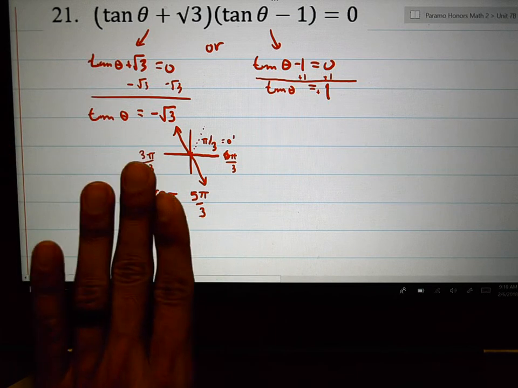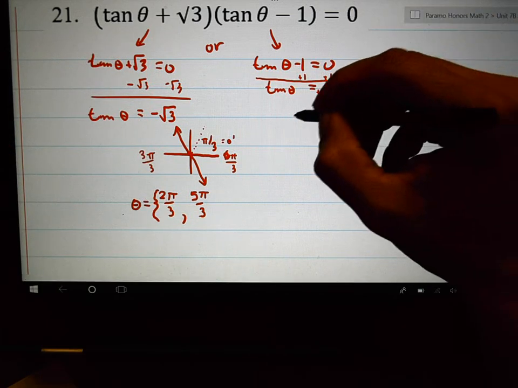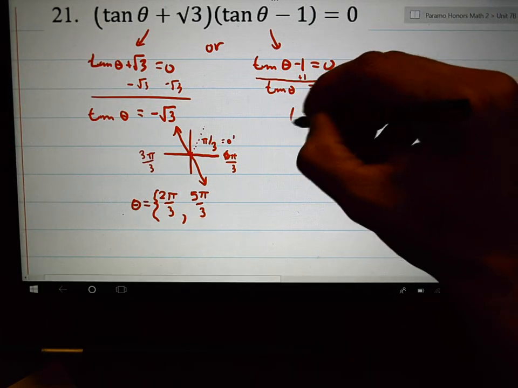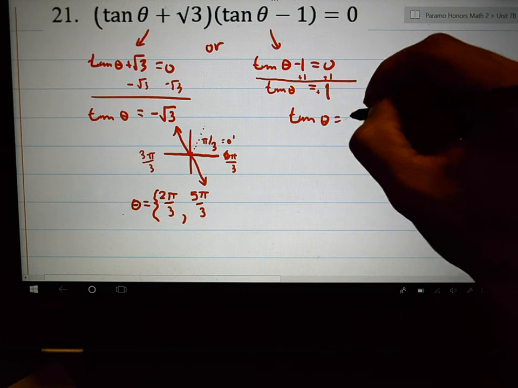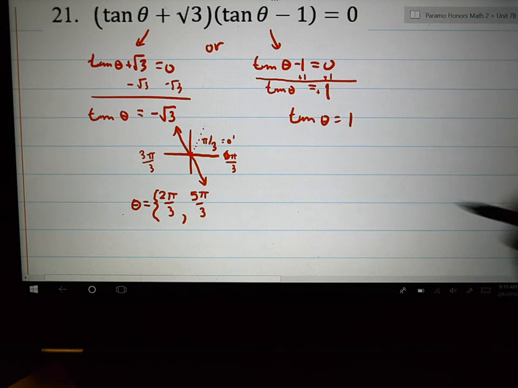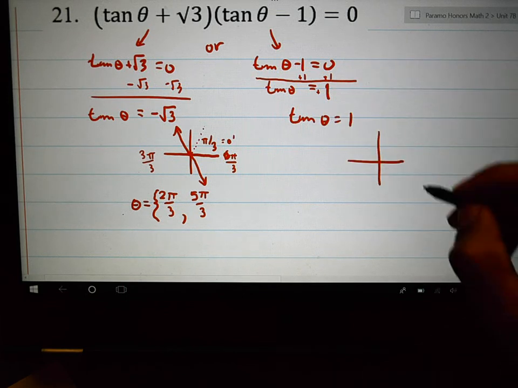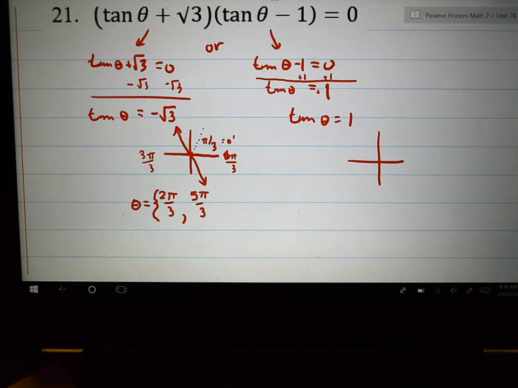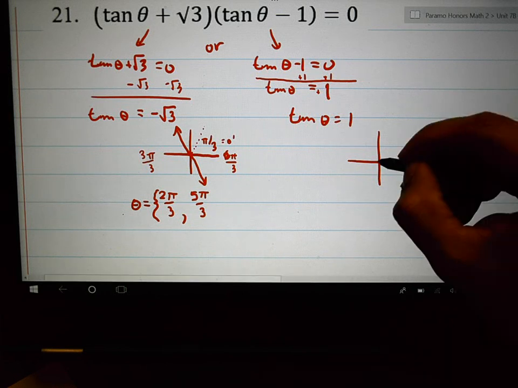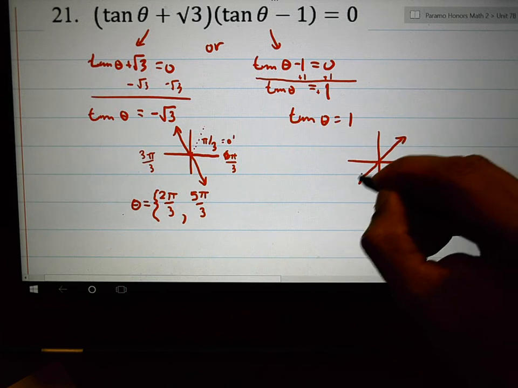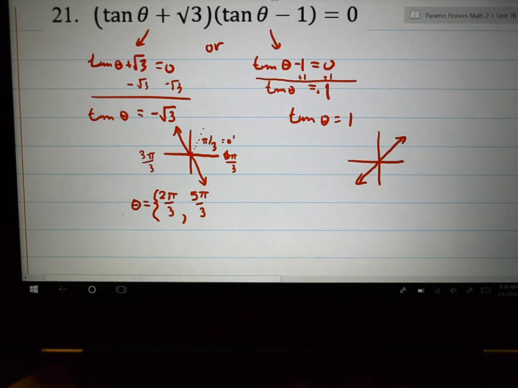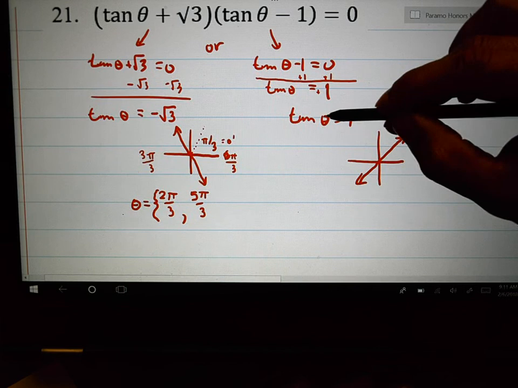We still have this other branch that says the tangent of theta is equal to a positive 1. We still have to go, okay, tangent is positive in which quadrants? Hopefully you said 1 and 3. You need to find the angle that's going to give you a tangent that's a positive 1.